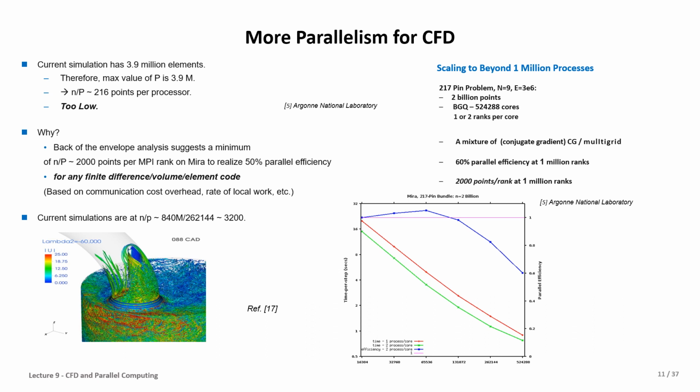The analysis suggests the minimum N over P is 2000 points per MPI rank on Mira to realize 50% parallel efficiency. For any finite difference, finite volume or element codes, this is the suggestion.